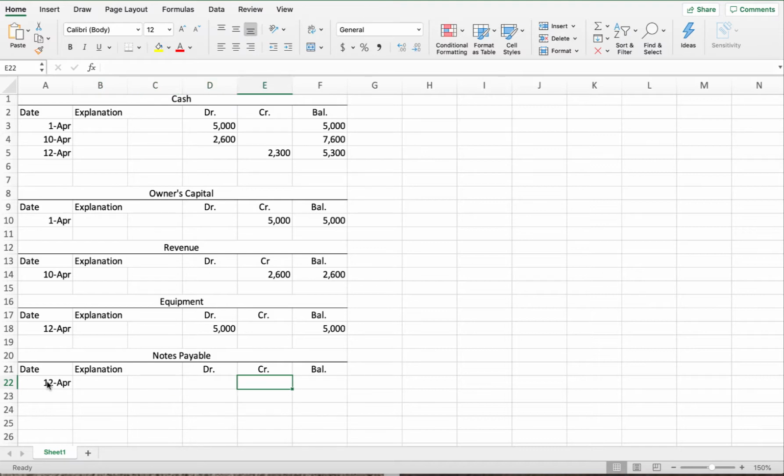We have to do that with a credit, right? So I have to post a credit entry to notes payable, okay? It's $2,700. Again, within the ledger, I have to say, okay, after this transaction, what's my balance? Well, it's $2,700. Nothing really changed, okay?